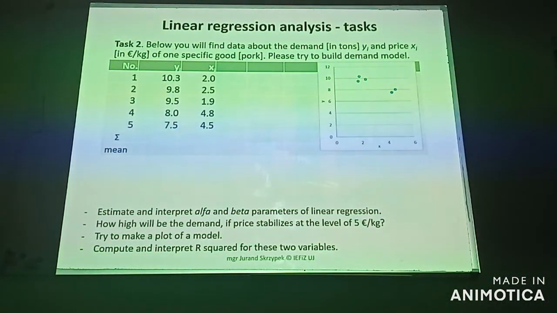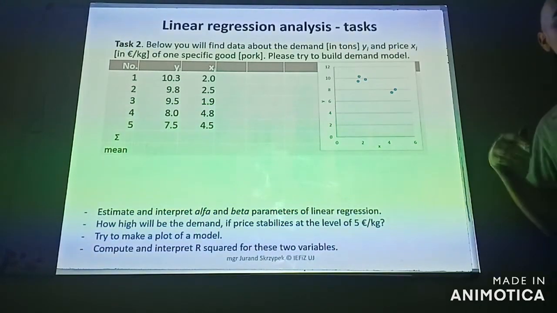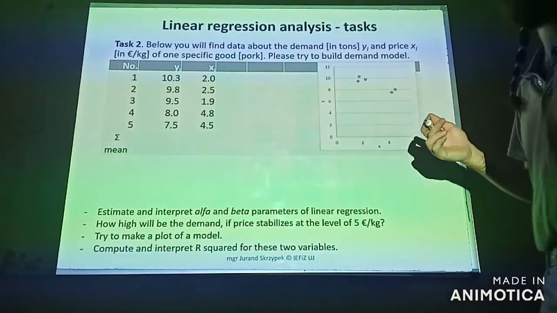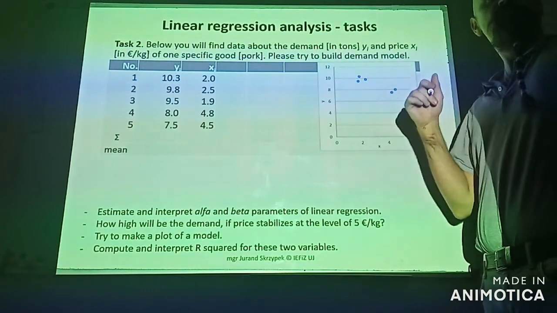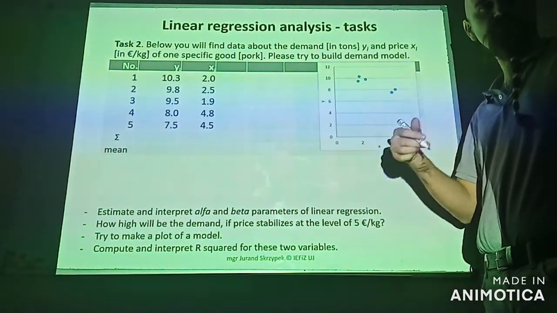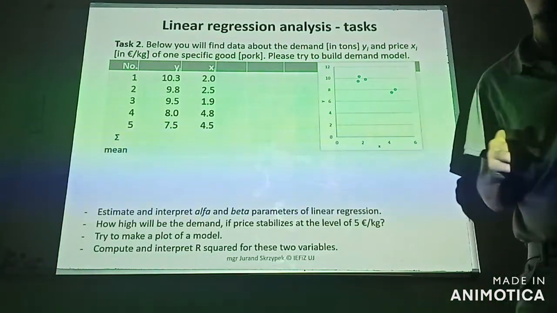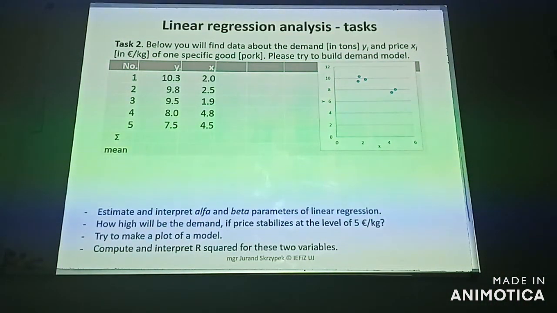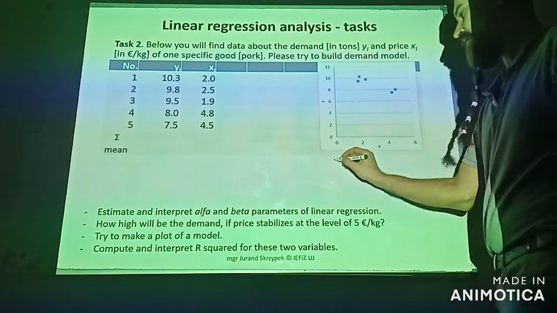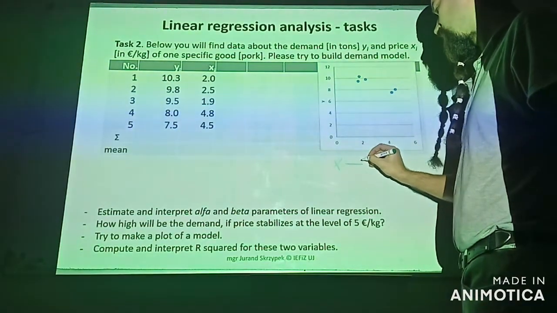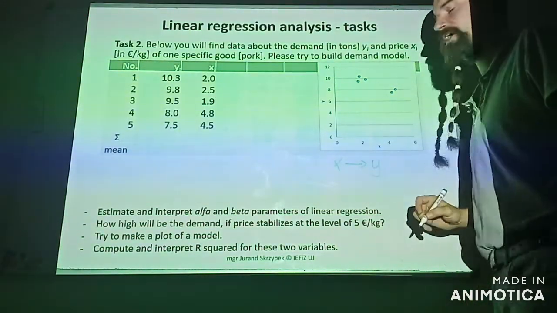We expect here a negative sloped linear relationship between the price and the demand. And of course, price is a factor of the demand. Price of the pork implies the level of the demand, not inversely. Yeah? X affects Y here.